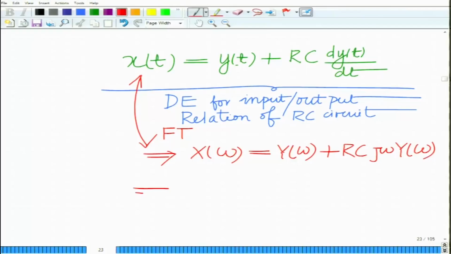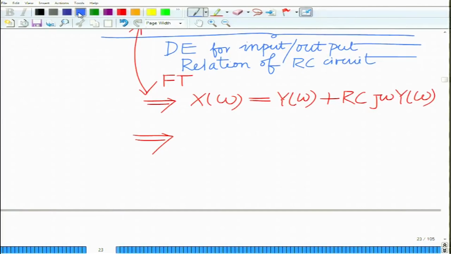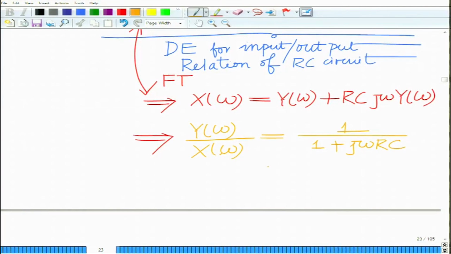Now, we have a simple equation in terms of the Fourier transforms which we can solve to obtain the transfer function. So, Y(omega) divided by X(omega) is basically 1 over 1 plus j omega RC.